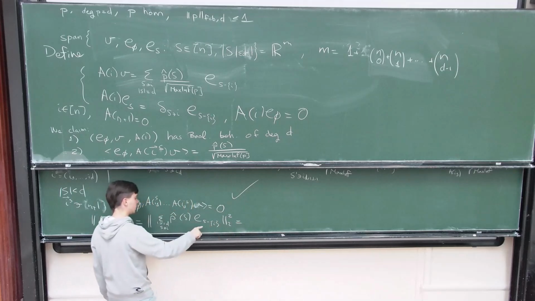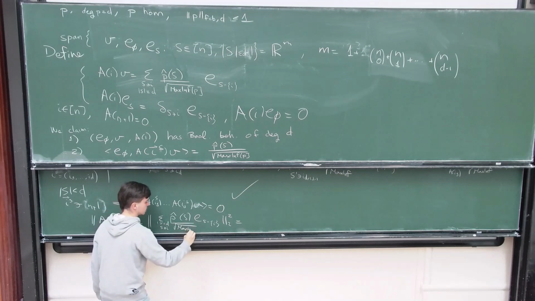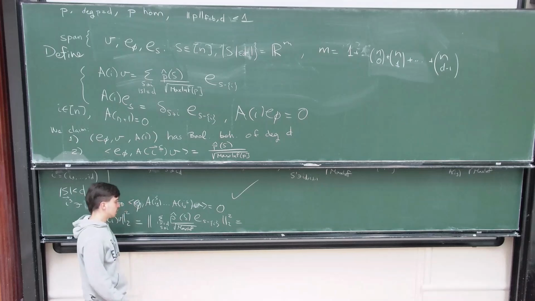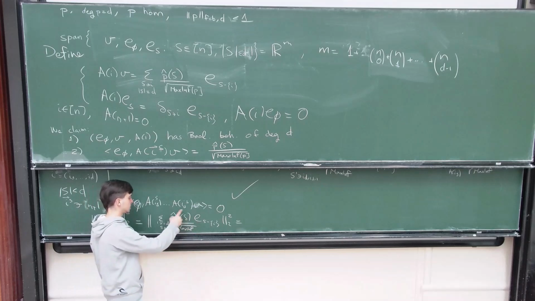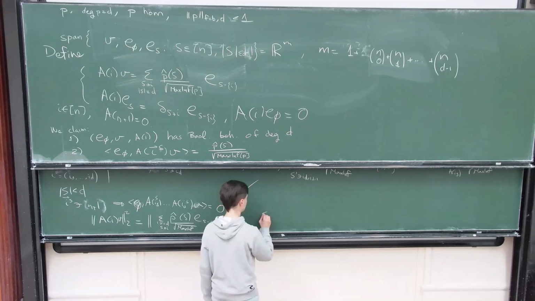Okay, this is an orthonormal basis. Oh, sorry, I forgot about this. This is an orthonormal basis, right? So the 2-norm of this is just the sum of the squares of this divided by this, the 2-norm squared.